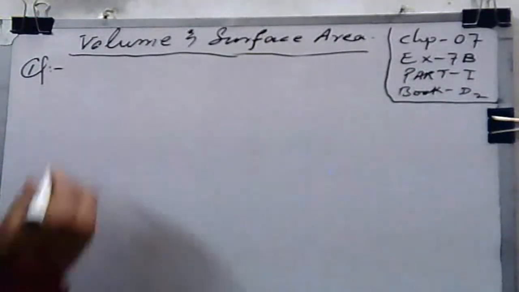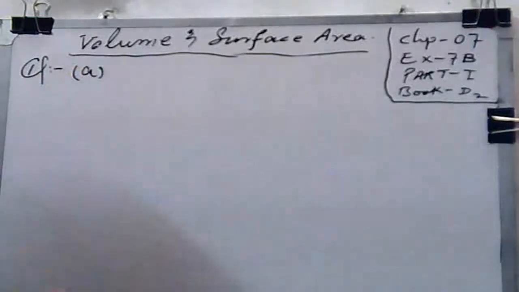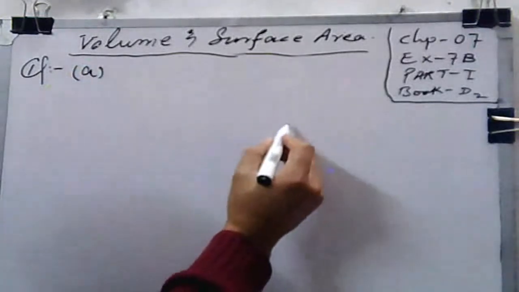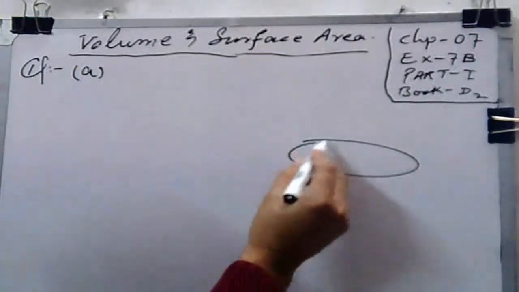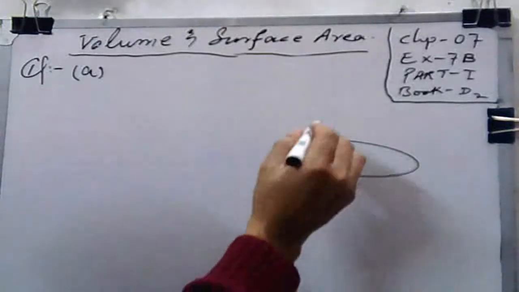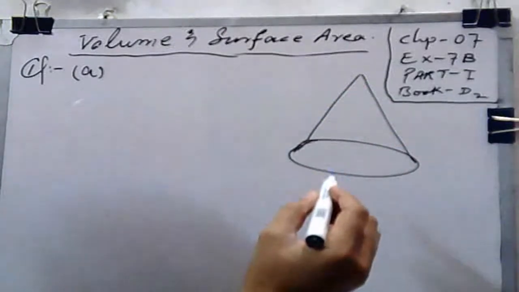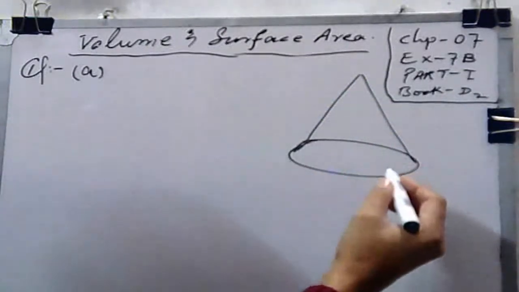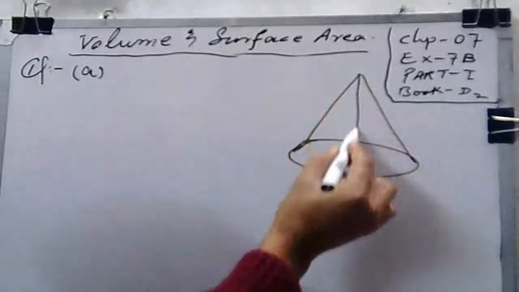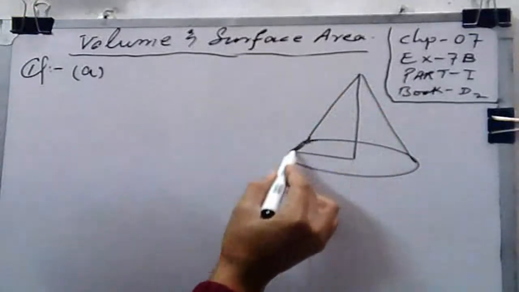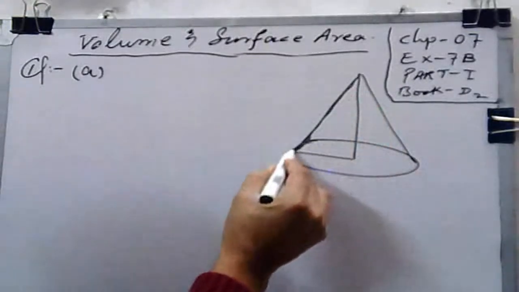So you can see in your textbook the different shapes have been given to you and you have to find the volume of a cone. Like this, a cone is given to you. You have to find the volume of the cone. That is your slant height, and that is your perpendicular distance which is given to you.